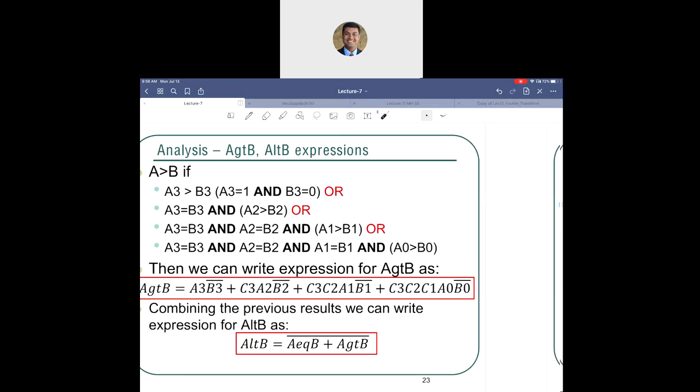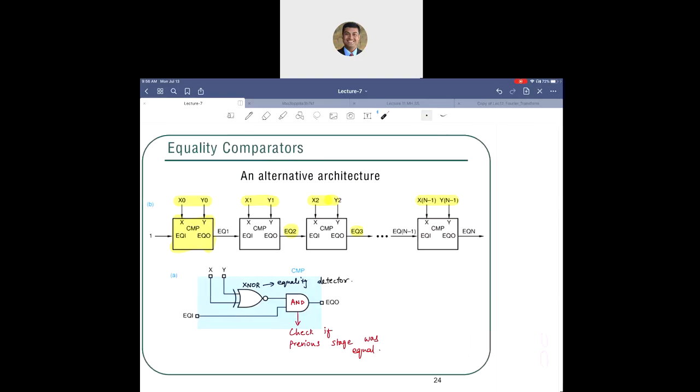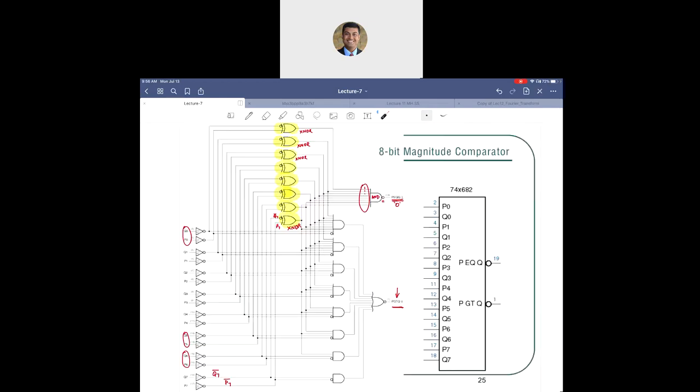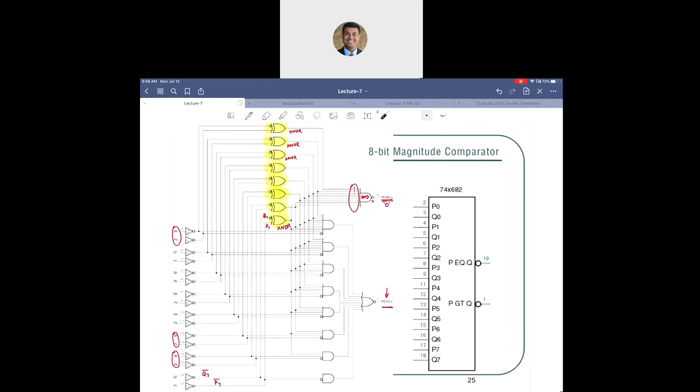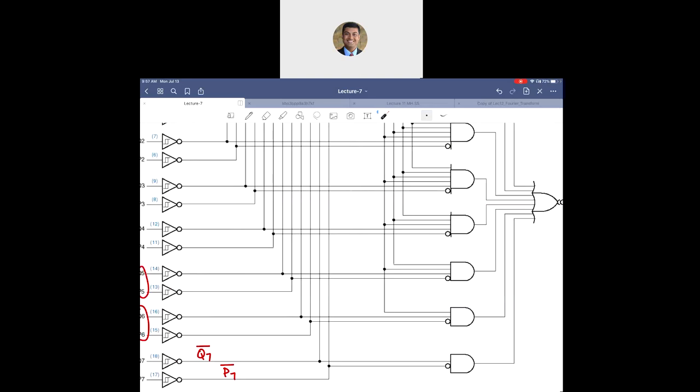Take a look at this. For the most significant bit, what do you have? P7 and Q7 complement, right? Just as we had A3 and B3 complement. Now we have P7 and Q7 complement. Followed by C7, P6, Q6 complement.